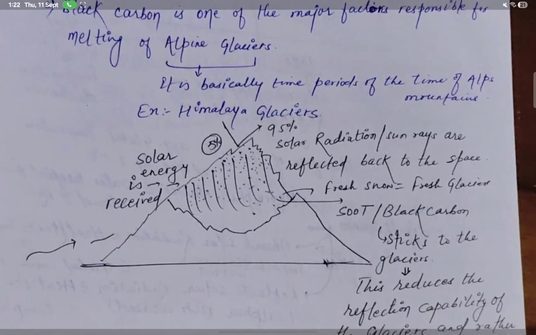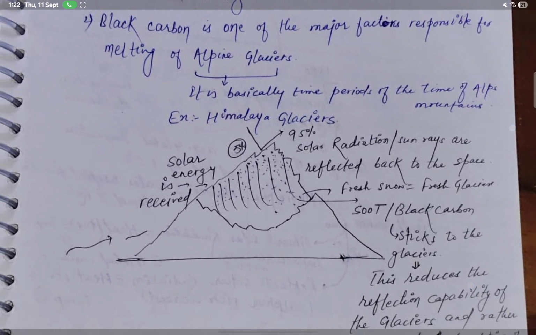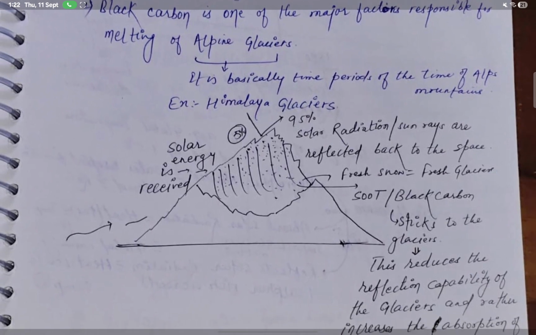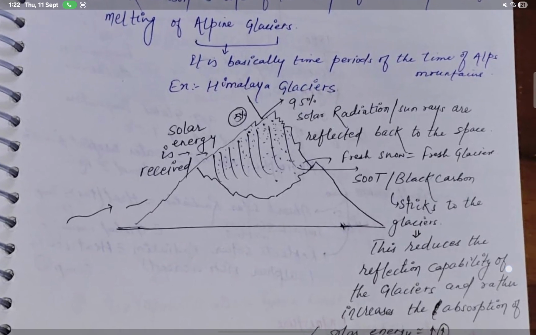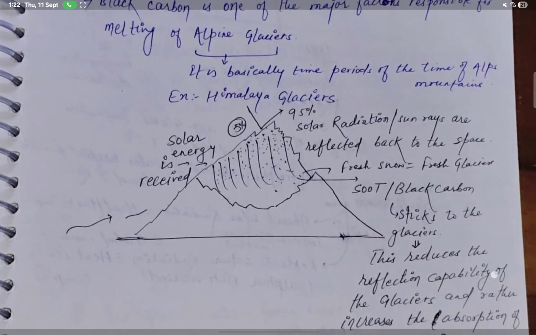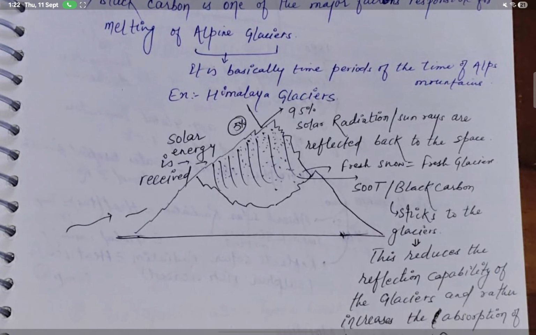What do you mean by alpine glaciers? It is basically the time period when the Earth's mountains formed. I think it was in the Carboniferous period.